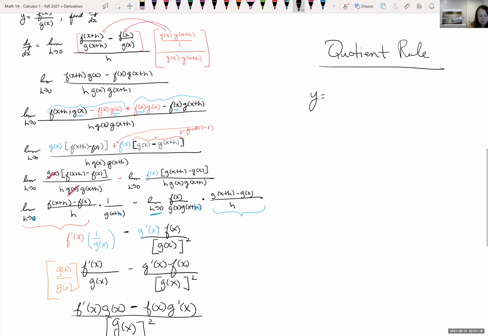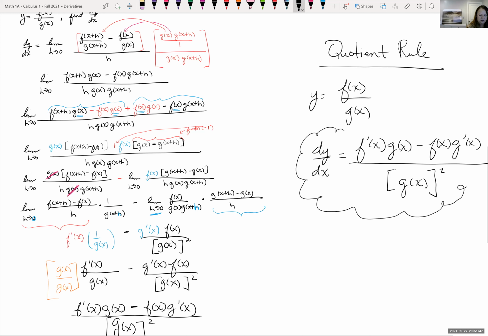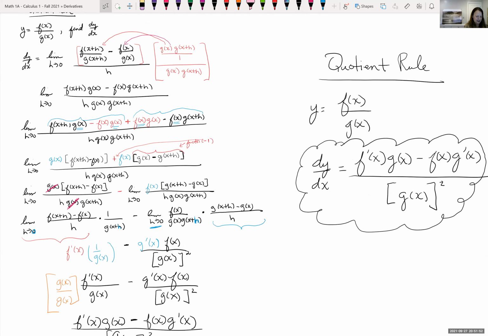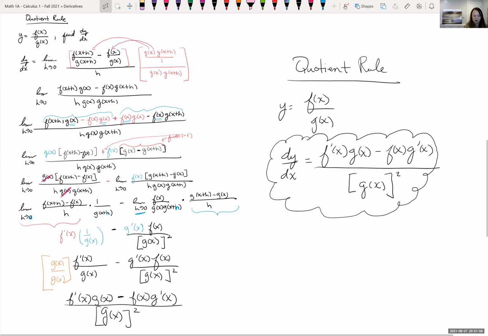So if y is equal to f of x over g of x, the derivative of y with respect to x is equal to the derivative of the numerator times the denominator minus the numerator times the derivative of the denominator all over the denominator quantity squared. So we don't have time today to look at doing one of those problems, but now we have the rule and we can apply it.